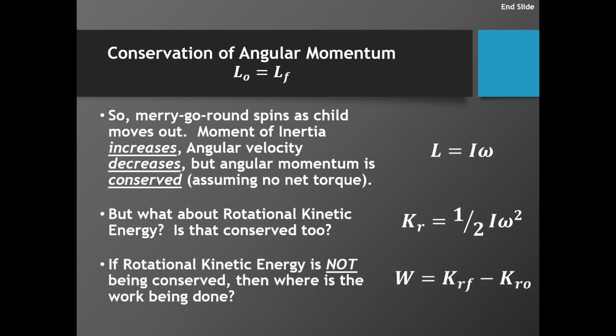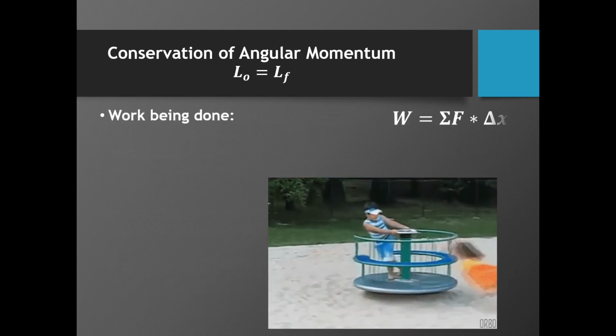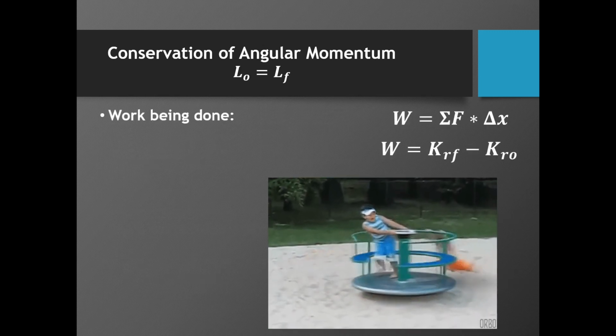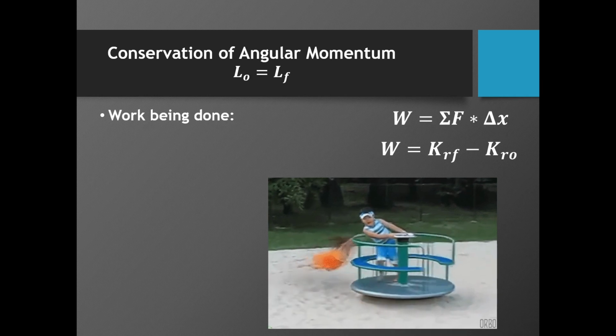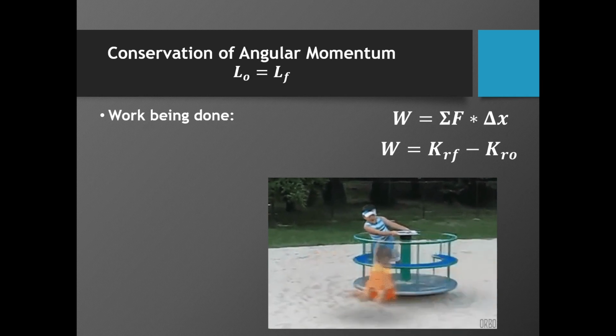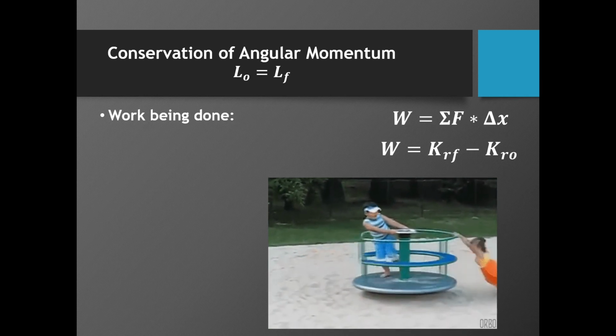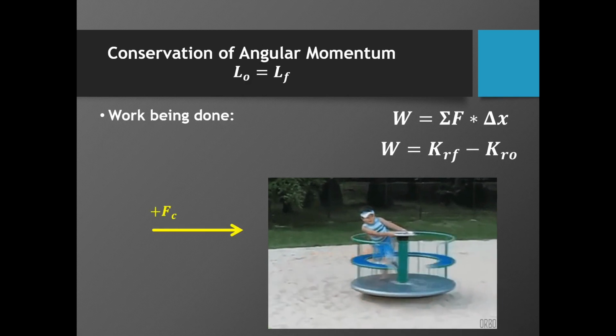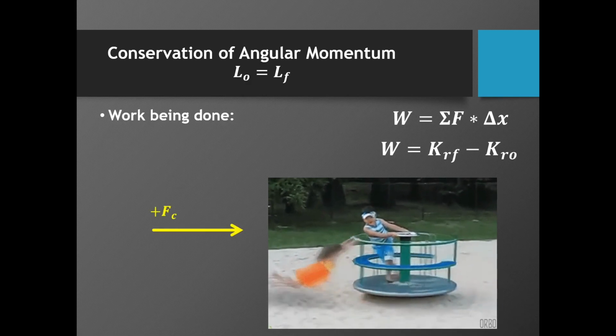So why not? What does happen? In order for there to be a change in rotational kinetic energy, there has to be work that's done. But we already said there's no outside net force. So how is that possible? How is it possible to change the kinetic energy? All right, well, the work being done is actually going to be caused because as the child moves in toward the center, the direction of the force is towards the center because it's a centripetal force.